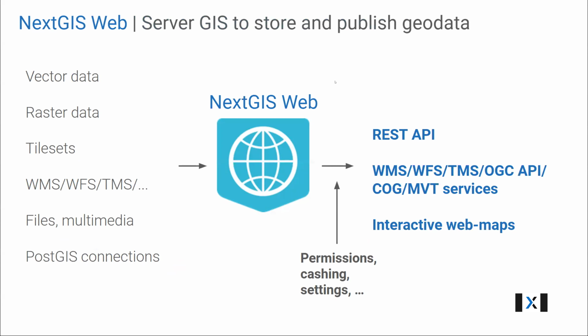It's the core of the whole platform, and its main purpose is to integrate all the geospatial data flows you have, including vector and raster geospatial data, tile sets, OGC connections, PostGIS databases, files, and multimedia associated with locations, to take all this data, set up permissions, caching options, and other settings, and publish this data with REST API, with standard protocols, including different kinds of tile services, OGC services, etc., and publish interactive web maps. We have a built-in web mapping engine.